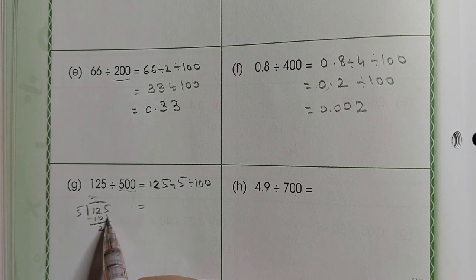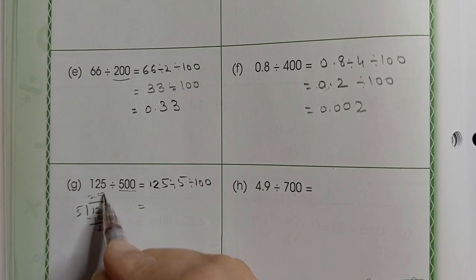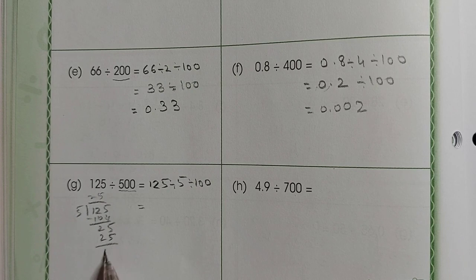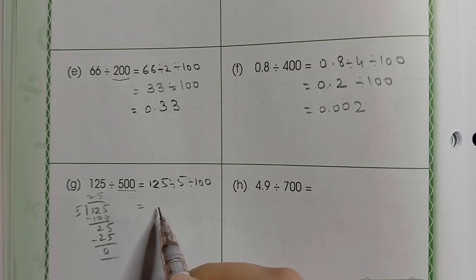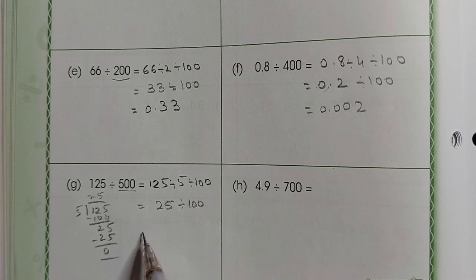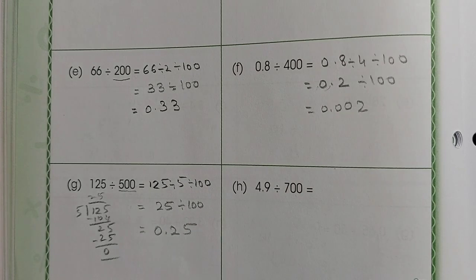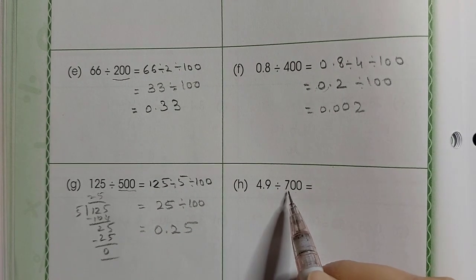Okay, 2, 5 carry down, it will become 25, 5 5s are 25. So it will become 25 divided by 100, and with 2 decimal places, it will become 0.25.